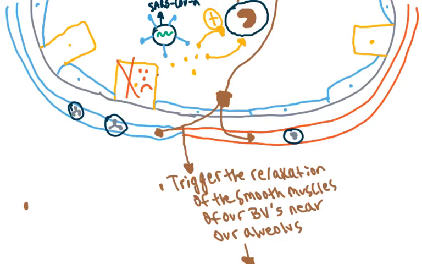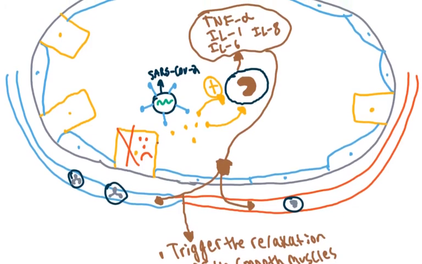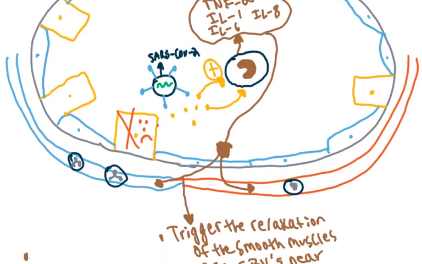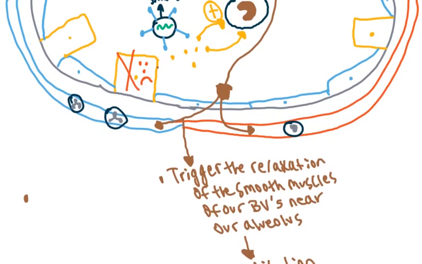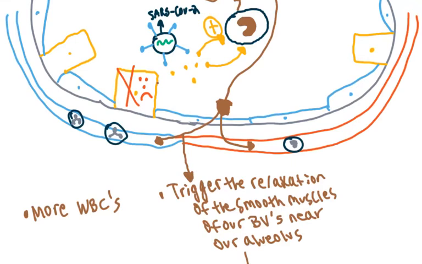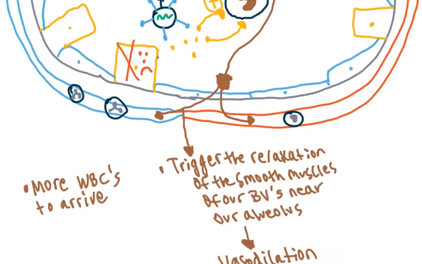So in brown, again, we're mentioning what these inflammatory cytokines are triggering. They're going to trigger more white blood cells, like neutrophils and monocytes, to arrive to the area of havoc.